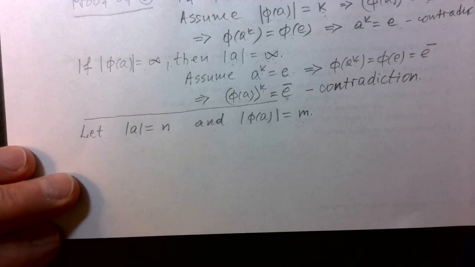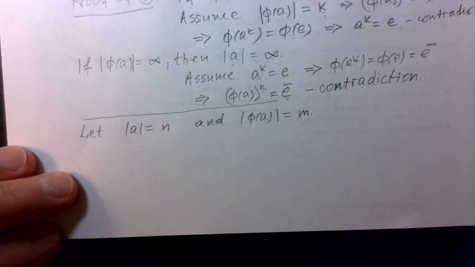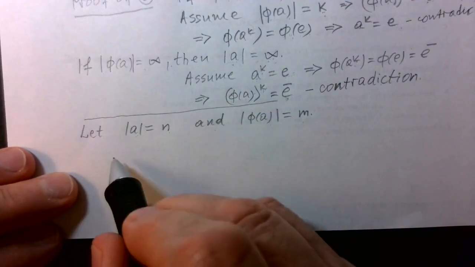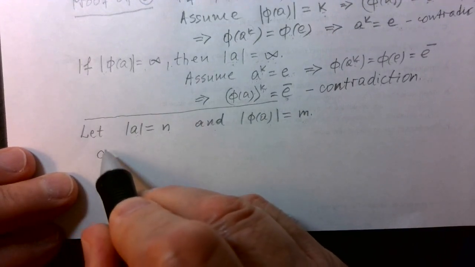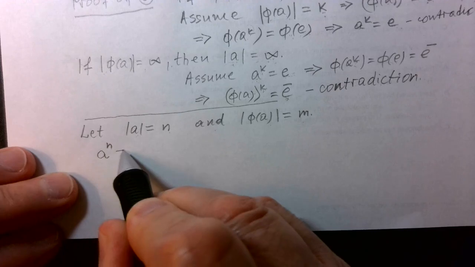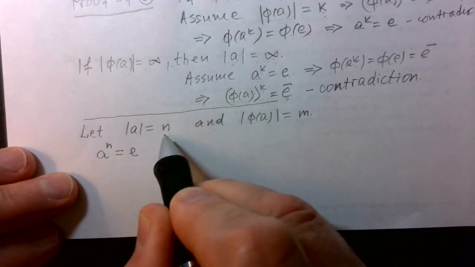First, raise a to the power n. The result must be e because the order of a is n.